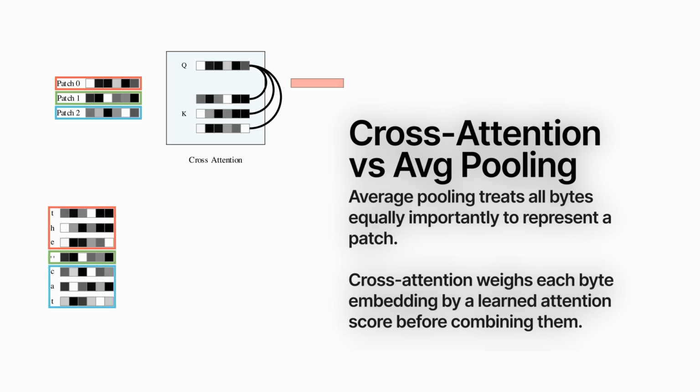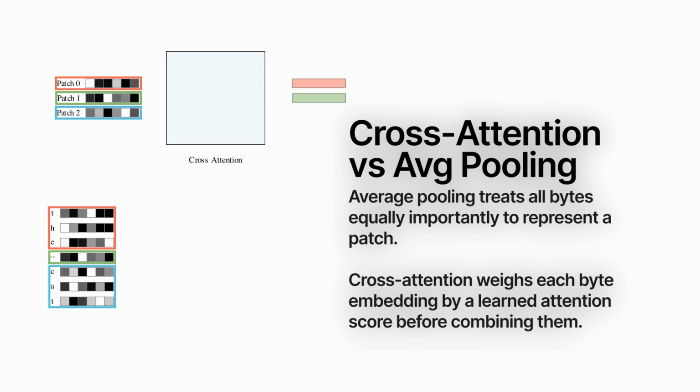When we do average pooling, we literally average all of the byte embeddings by treating each byte as equally important for that patch's embedding. Attention first scales each byte embedding and then adds them together, meaning it's a weighted average where the weights are learned given the patch and the byte inputs.